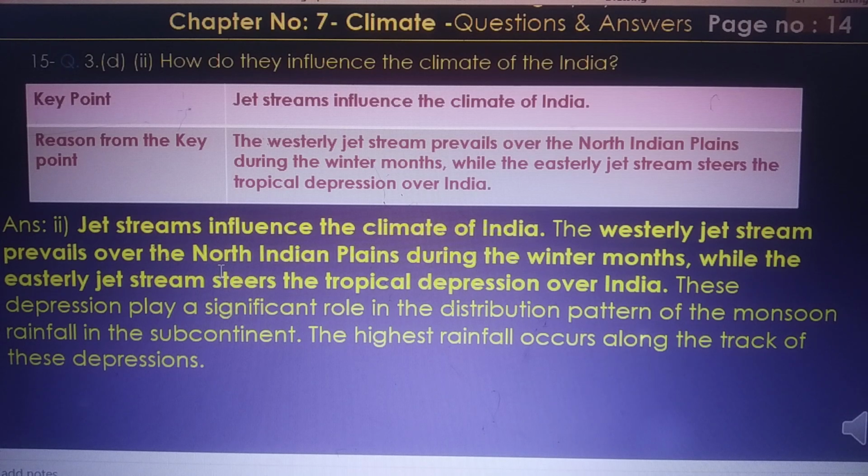These depressions play a significant role in the distribution pattern of monsoon rainfall in the subcontinent. The highest rainfall occurs along the track of these depressions only.